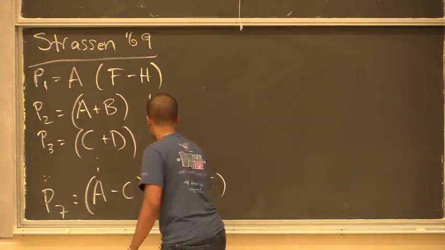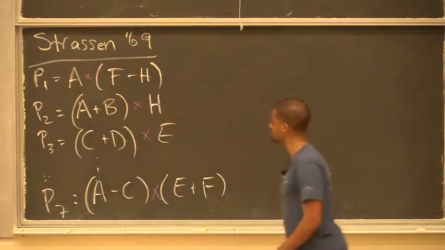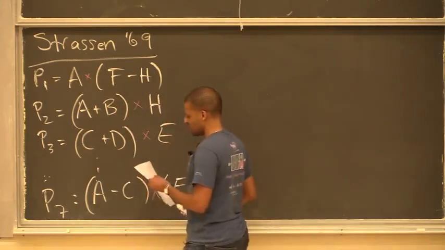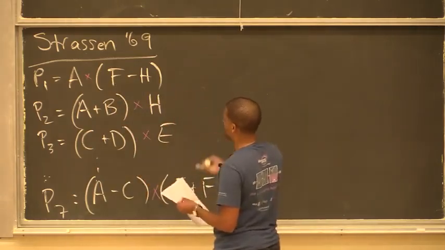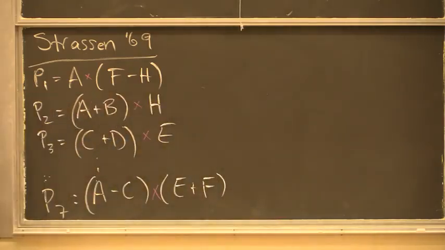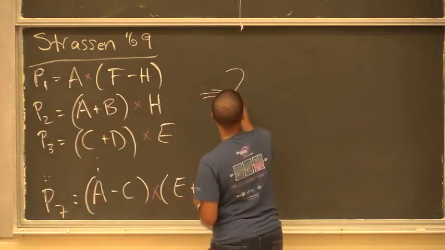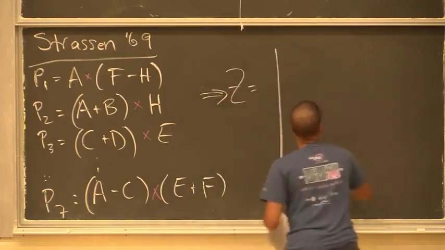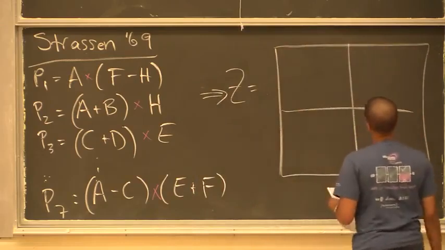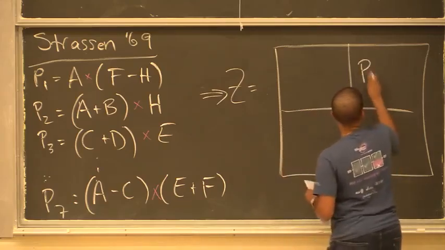So each of these involves one matrix-matrix multiplication on n over 2 by n over 2 matrices. Okay? And then what he showed is that once you have P1 up to P7, you can recover these entries by combining them. So this matrix Z that you want, if you write it as 4 blocks that are each n over 2 by n over 2, the top right block turns out to be P1 plus P2.